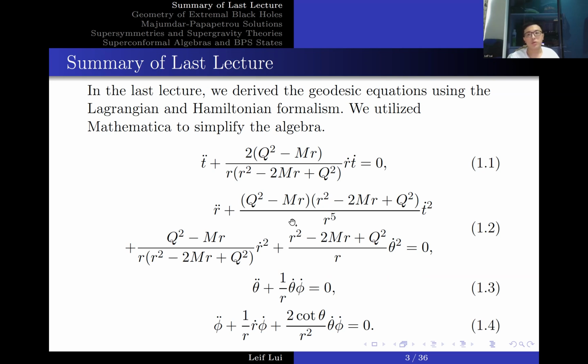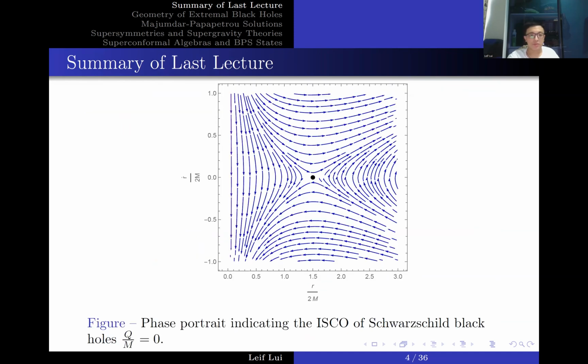So we obtained the geodesic equations, and then we tried to solve them in some very particular cases, like in the equatorial plane where theta is pi/2, and then we obtained the ISCOs and the conditions for the stable orbits.